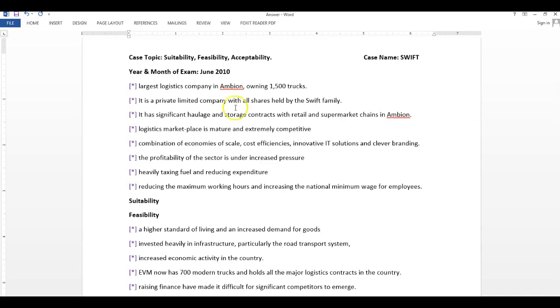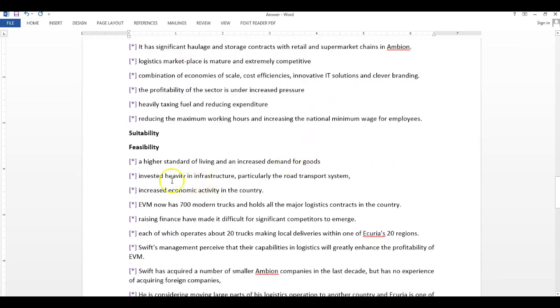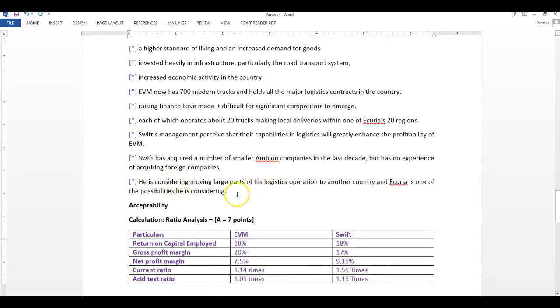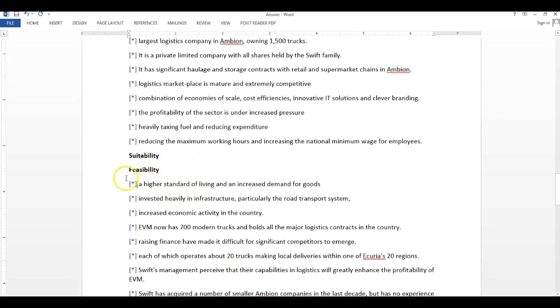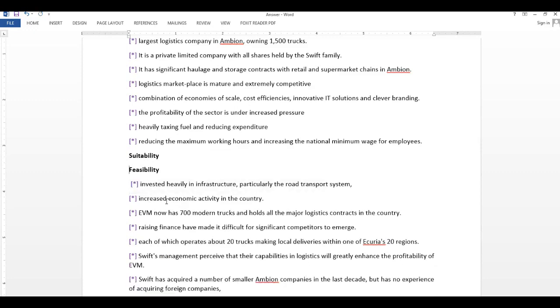Okay. So these points are the general information which is concerned about the Swift company, and these points are about the EVM company. So we have a rough idea of how to structure now. So we'll start from this point. There seems to be a higher standard of living and an increased demand for goods. So that would actually lead to more sales. So it is suitable.